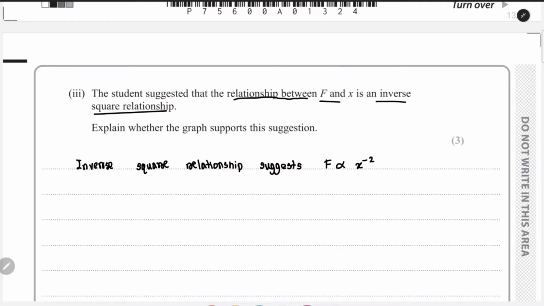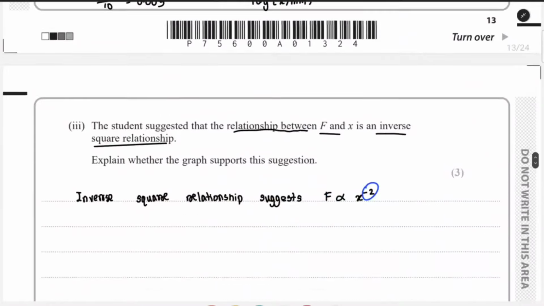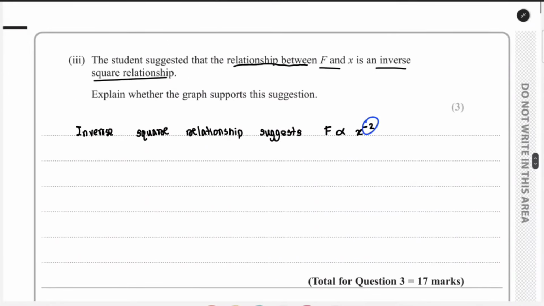This is the value of the gradient. If our gradient was minus 2, we could support this. However, the gradient we get is minus 3.6. So we cannot support this.